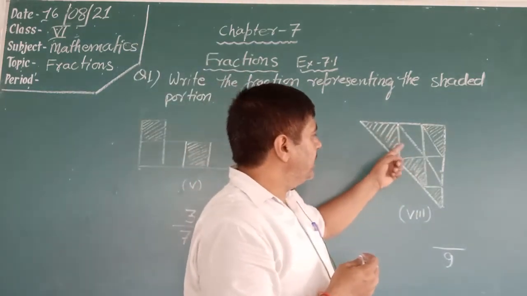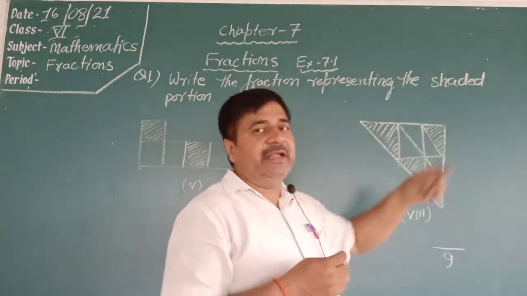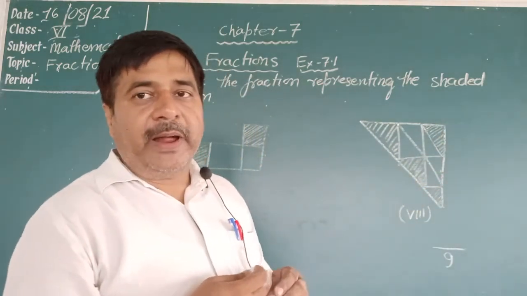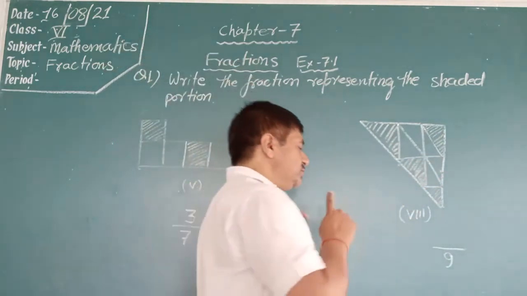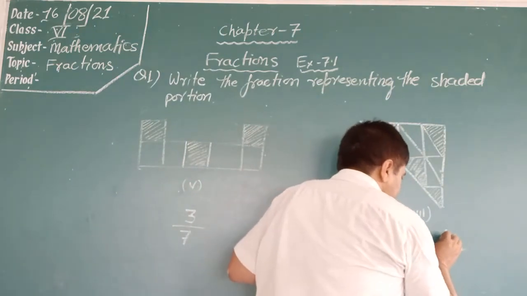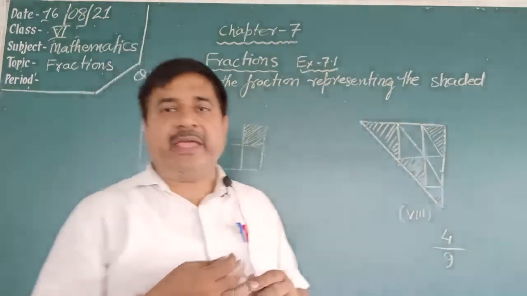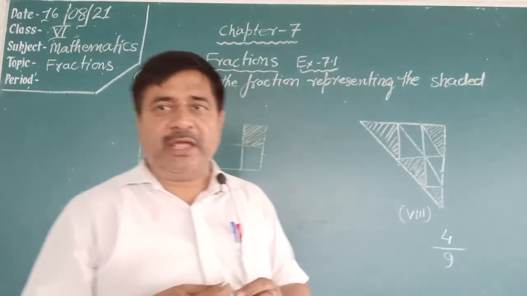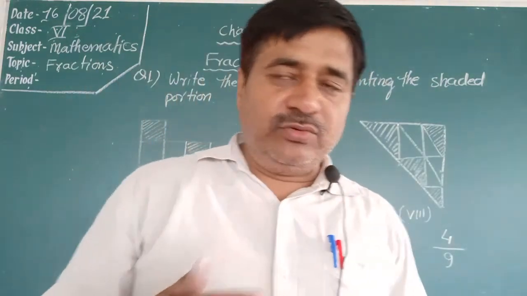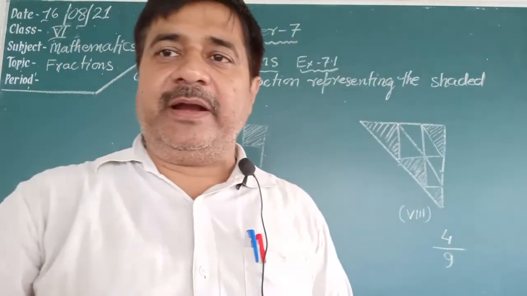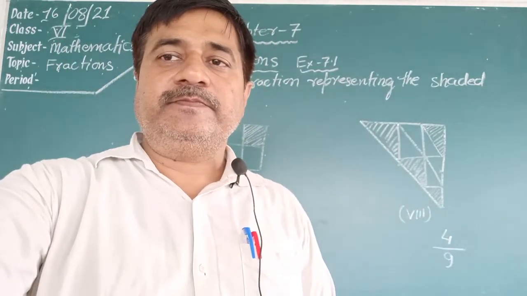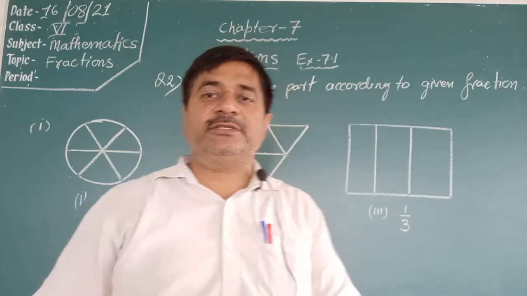That is 1, 2, 3 and that is 4. 4 parts are shaded, which you write in the numerator, that is 4 by 9. Okay, now students, you solve the remaining parts yourself.